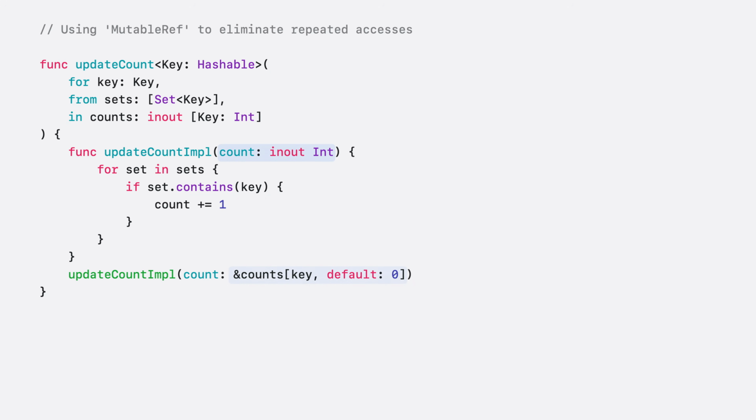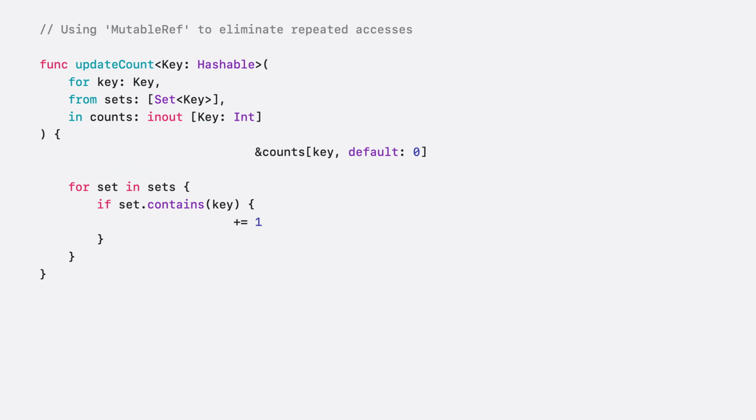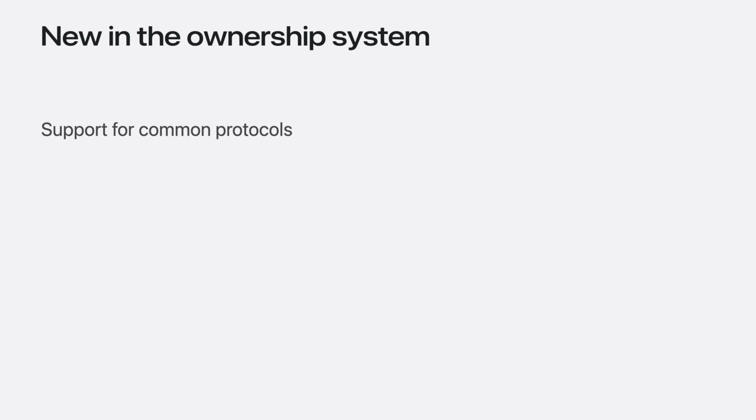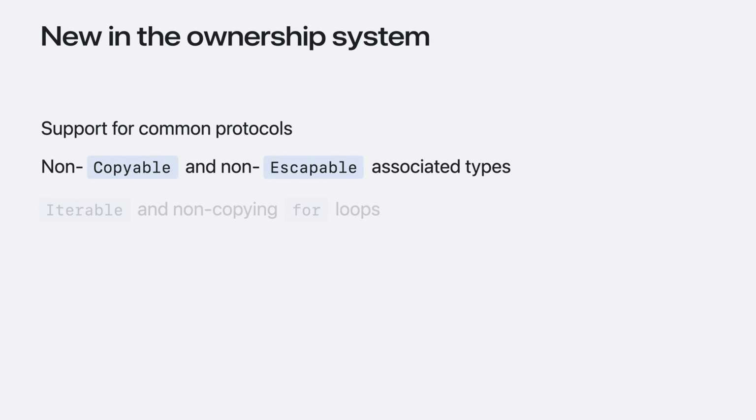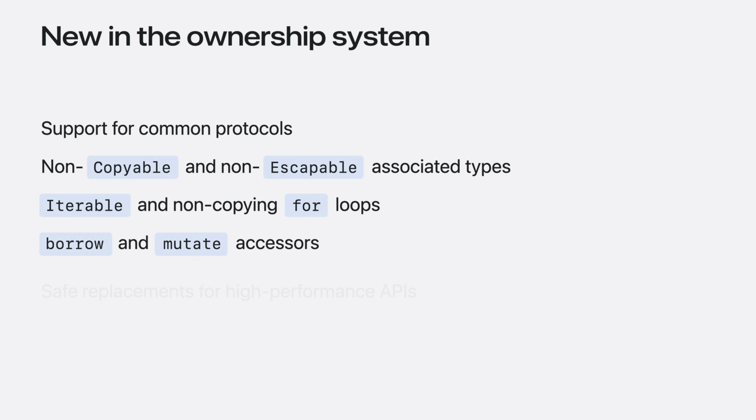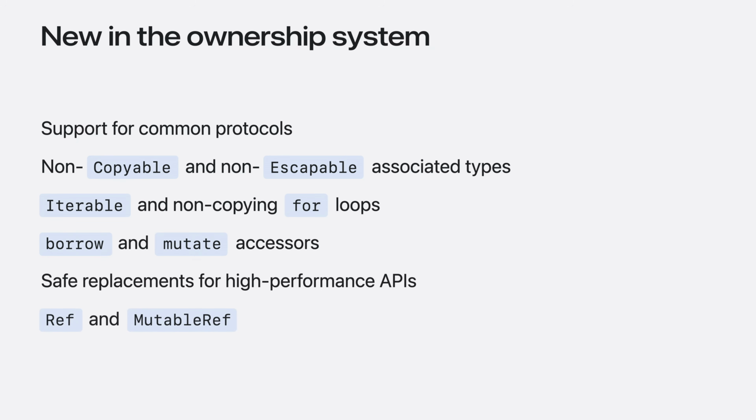It's a pretty obscure trick. Mutable ref gives you a better way. Now you can make a mutable ref from the dictionary lookup once, before the loop starts, and then use it when you want to mutate the dictionary entry. Refs are non-escapable, so Swift knows the access ends when the variable goes out of scope. All these new ownership features combine to make speeding up your most performance-sensitive code safer and easier than ever.